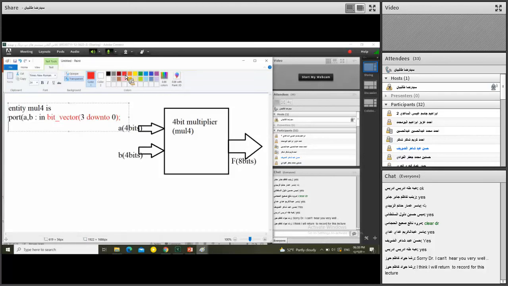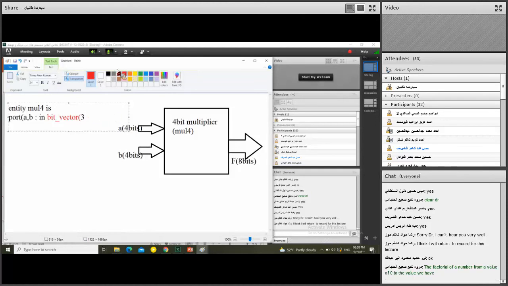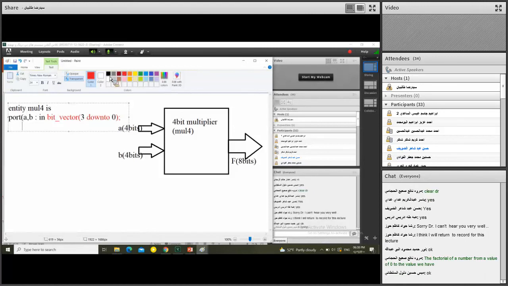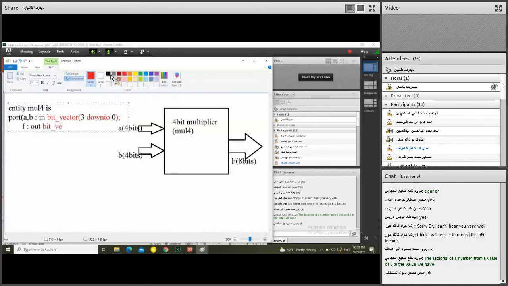Okay? And another one about F. It is output, out, and we must write this as bit vector. Okay, let me write it, bit vector, from which to which?